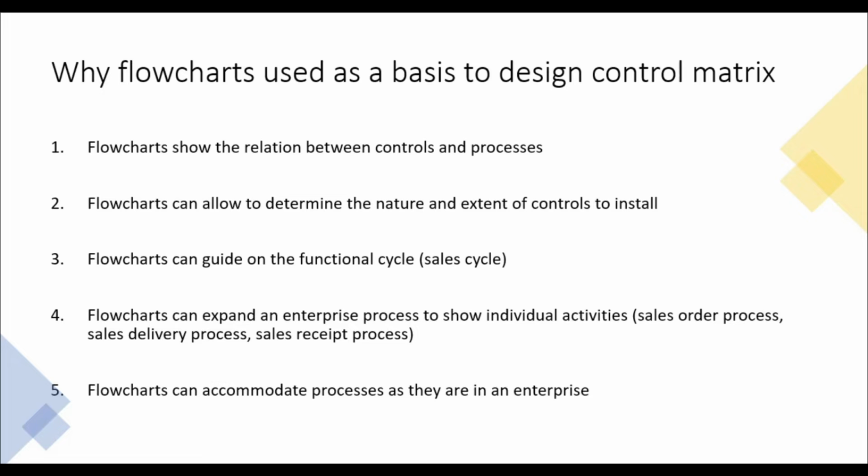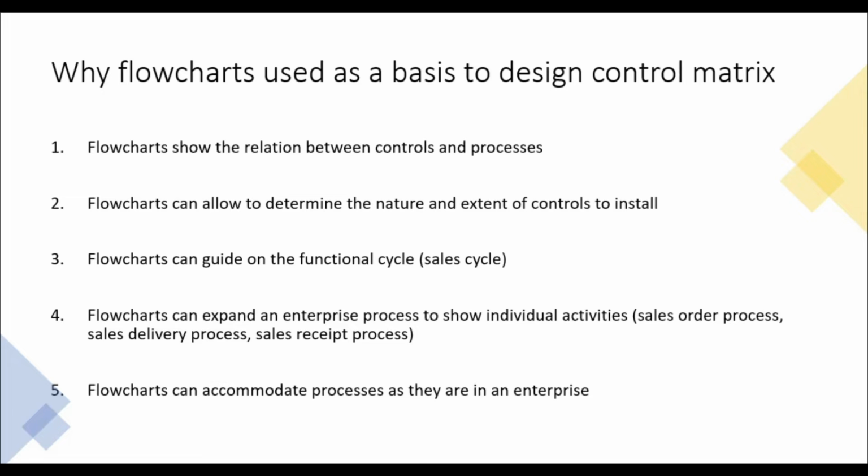There are flowcharts used as a basis to design the control matrix. First, flowcharts show a relation between controls and processes. They can also allow us to determine the nature and extent of controls to install on various processes.